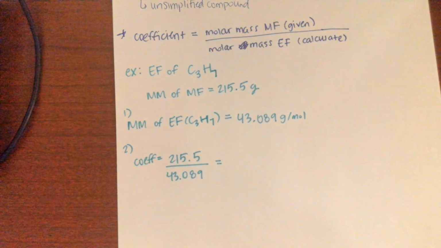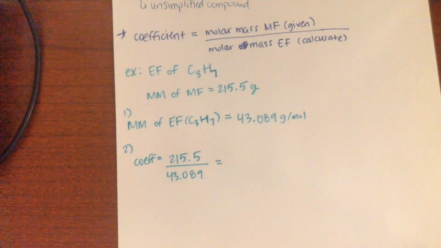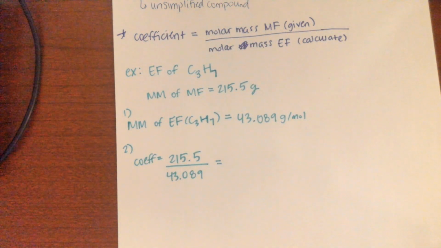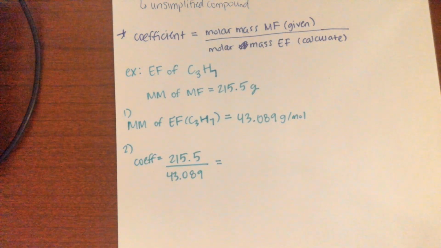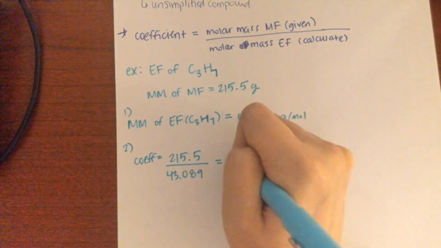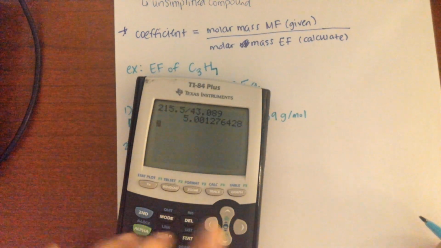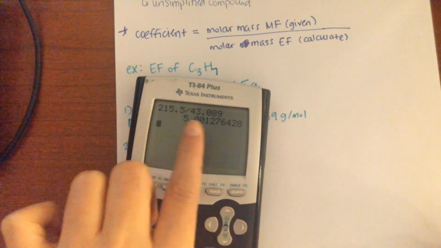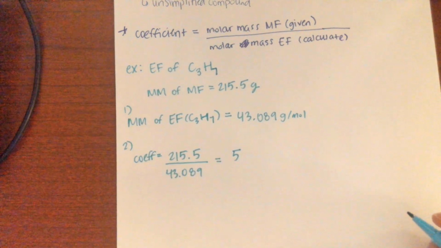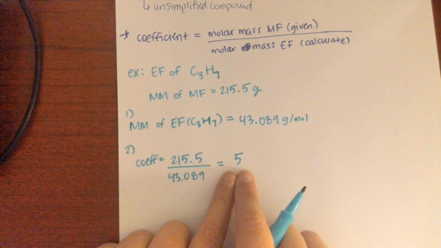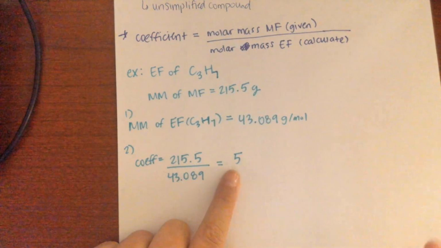So when we divide that, again, pause if you need to and try to do this by yourself. You should get a nice whole number, 5. My calculator gave 5.00 and so on. Just round to 5. We want a whole number, so that whatever we do, we multiply it back to our empirical formula.